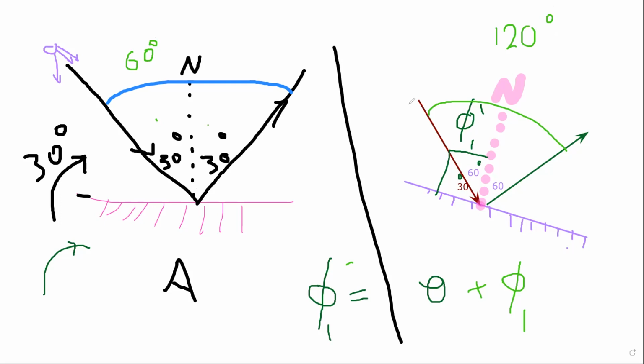Okay, what will happen if we have a new case and the mirror rotated anti-clockwise? We have the incident light ray and the reflected light ray here.